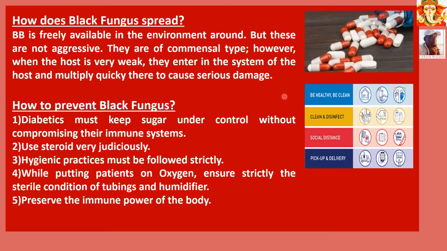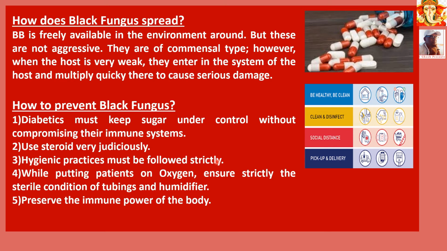How to prevent black fungus? Diabetics must keep sugar under control without compromising their immune systems. Use steroids very judiciously. Hygienic practices must be followed, the hygienic practices we are used to now due to COVID-19. They must be followed because they will control the entry of this fungus into the system.